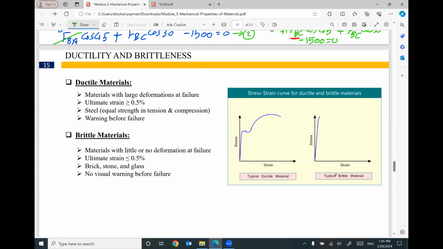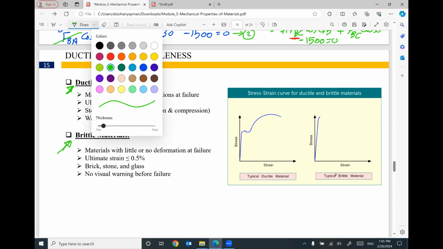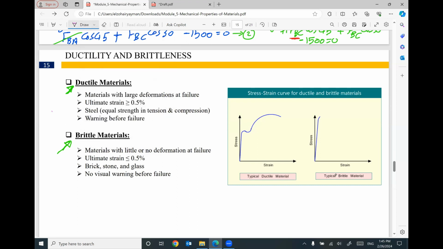We can judge the behavior of the material based on the stress-strain relationship for this material. The material can be ductile material and it can be brittle material. We don't like brittle material. We like ductile material. Ductile material is a material with large deformations at failure.